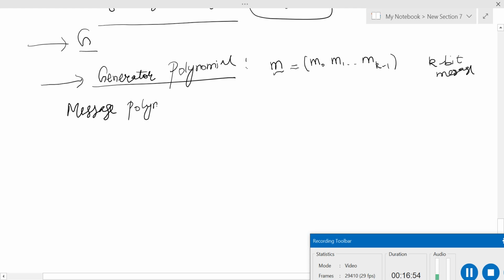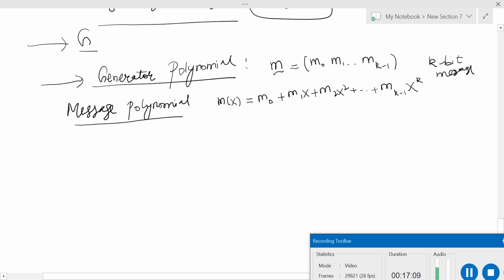Message polynomial, that will be represented as m of x is equal to m0 plus m1x plus m2x square plus up to mk minus 1 x to the power k minus 1. Now you recall from previous discussion that your code had two parts.